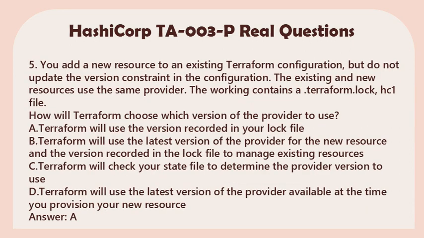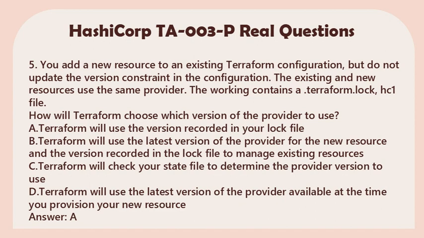5. You add a new resource to an existing Terraform configuration, but do not update the version constraint in the configuration. The existing and new resources use the same provider. The working directory contains a Terraform lock HCL file. How will Terraform choose which version of the provider to use?